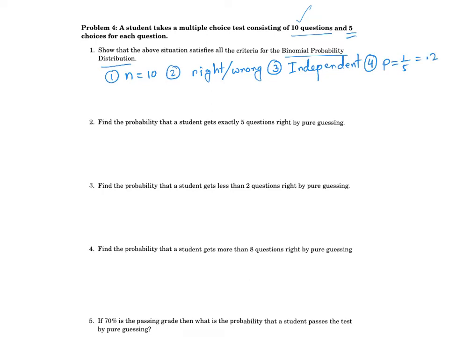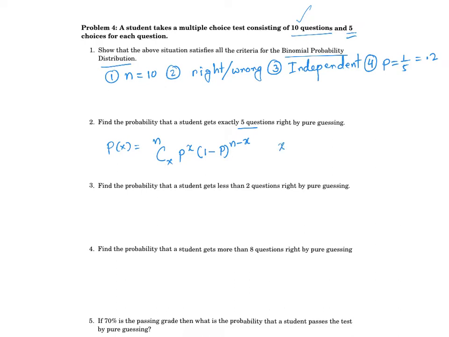Now, we use the binomial distribution formula to find the probabilities for the rest of the problem. Find the probability that a student gets exactly 5 questions right by guessing. Remember the binomial distribution formula: probability of x is equal to nCx times p to the power x times 1 minus p to the power n minus x. You have all the components of this formula.